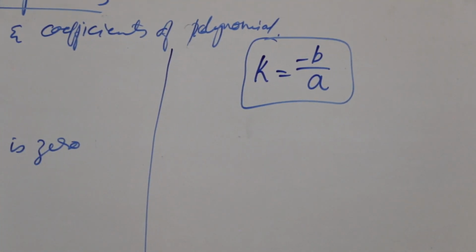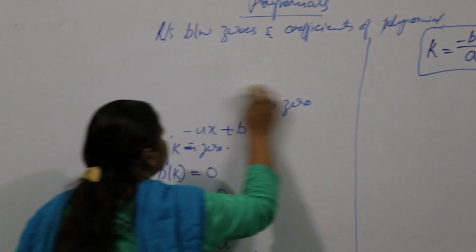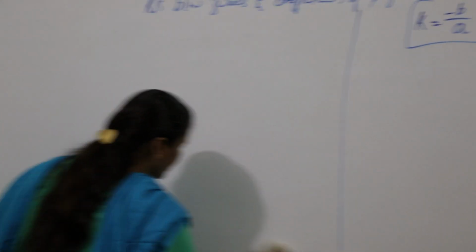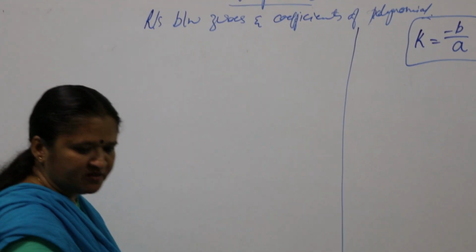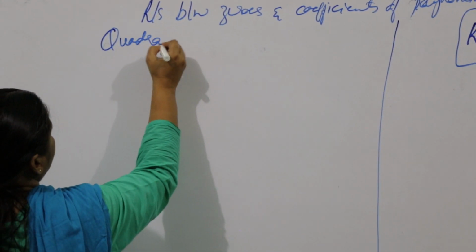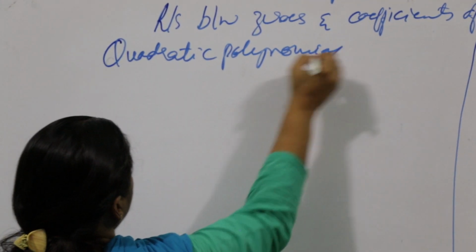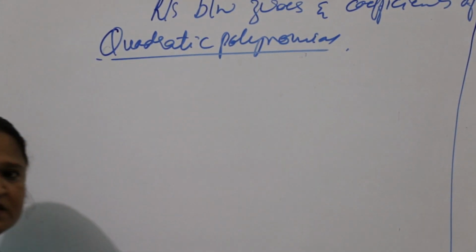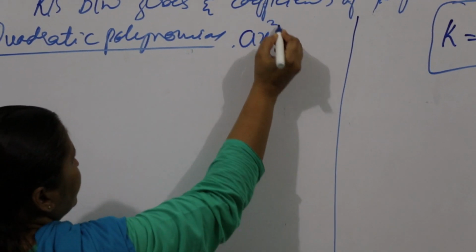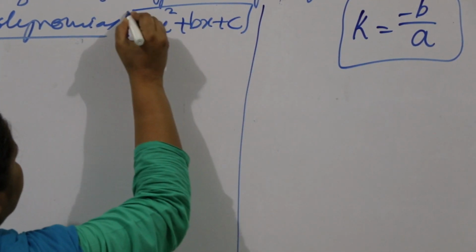Let's keep this on one side, and now we'll see how we can find the relationship between the coefficients and the zeros of a quadratic polynomial. You know the standard form of a quadratic polynomial is ax square plus bx plus c.